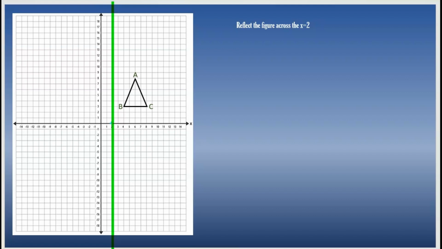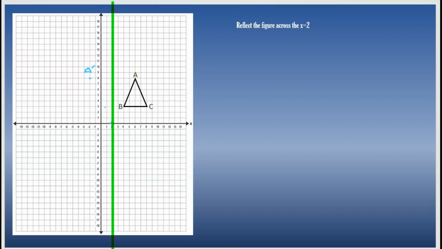You just kind of count. So point A over here is 6, 8. From this line, it is 4 spaces away to the right. So now A prime is going to be 4 spaces to the left, so over here. This is A prime. And then point B is 2 spaces to the right away from the line.